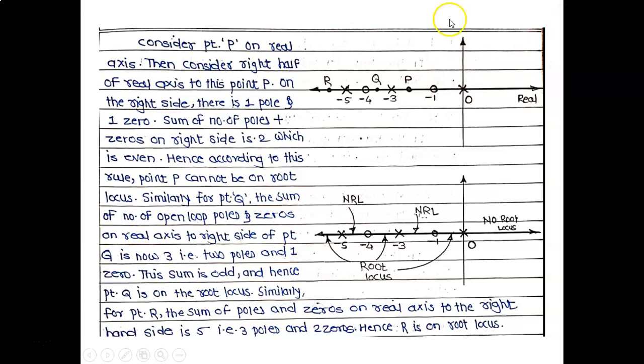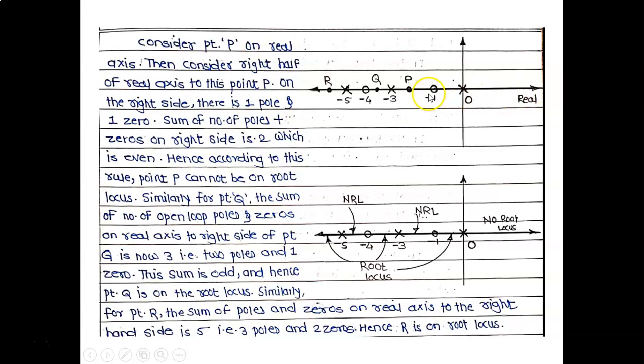First of all, what you have to do, you have to take suppose this first pole 0. Now to the right side of this 0, how many poles and zeros are there? That is the addition of poles and zeros. Therefore towards the right side of 0, no root locus region is there.